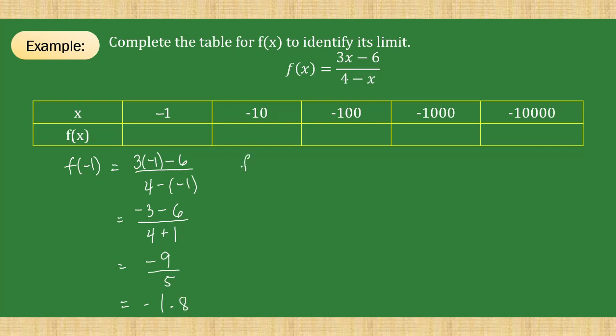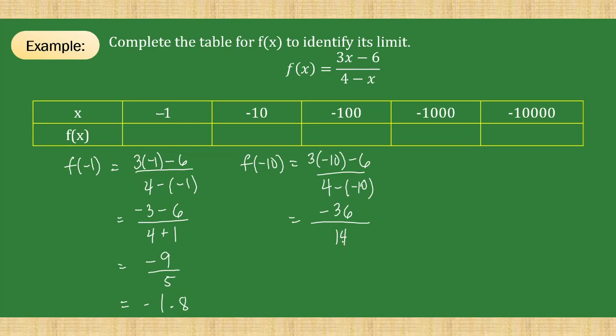Next, meron naman tayong f of negative 10. Dito, meron tayong 3 times negative 10 minus 6 all over 4 minus negative 10. So, for the numerator, 3 times negative 10 is negative 30 minus 6 is negative 36. 4 minus negative 10, magiging plus ito, plus positive 10, so we have 14.